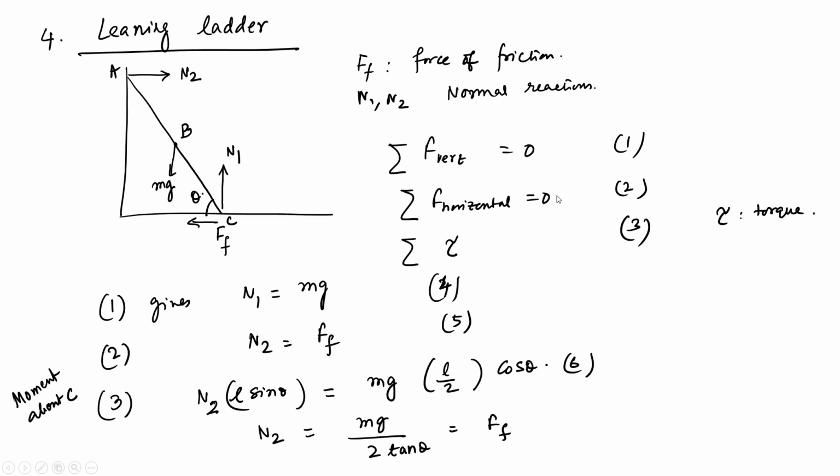There are 3 equations, 2 coming from the forces and 1 coming from the torque, and balancing them tells us this should be the condition for no slipping. So in this problem we wanted the condition for no slipping for the case of a leaning ladder against a wall. Okay.